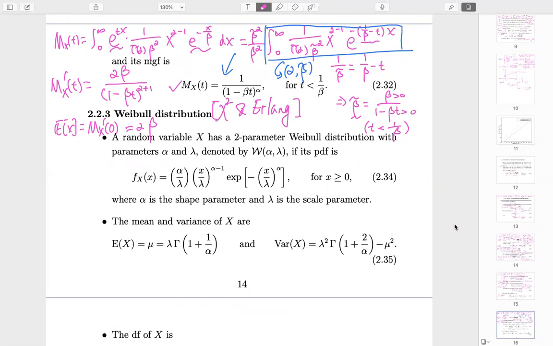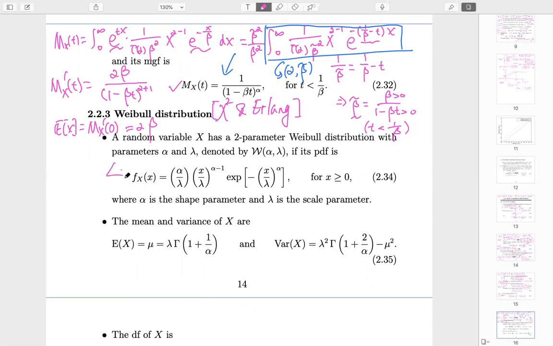The next one we study is the Weibull distribution. For the textbook we use, the author introduces a two-parameter Weibull distribution. Sometimes you might even see a three-parameter Weibull distribution, alpha, beta, lambda. Here we only have alpha and lambda.